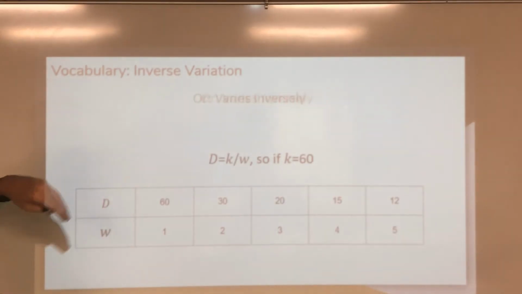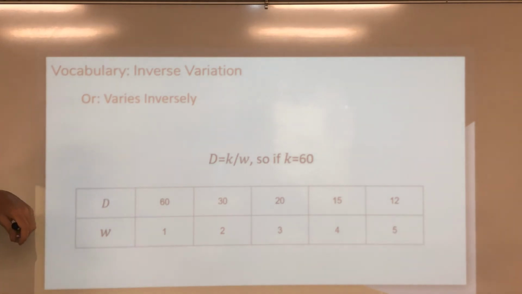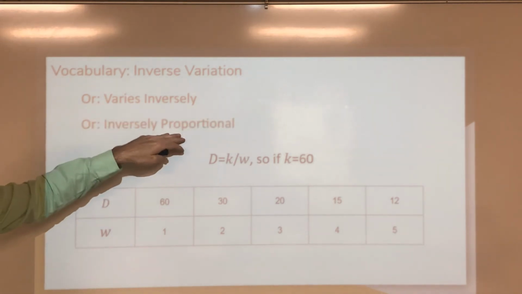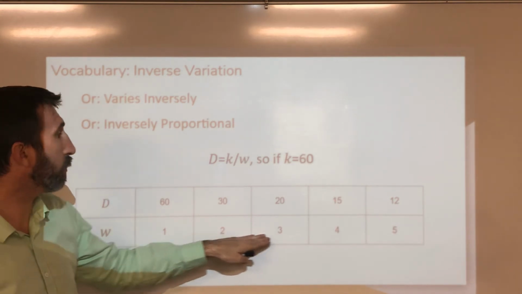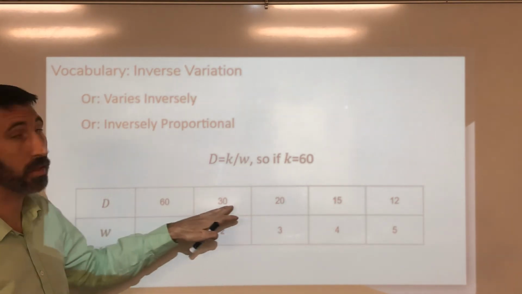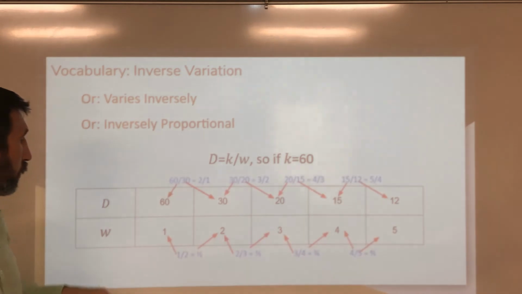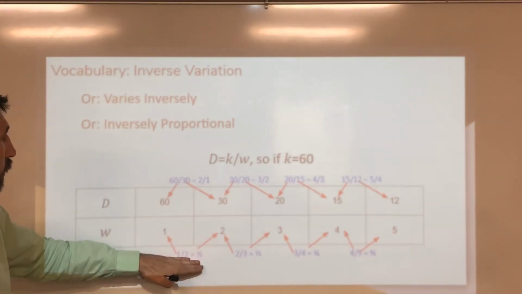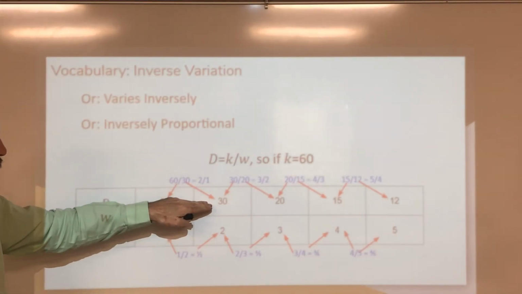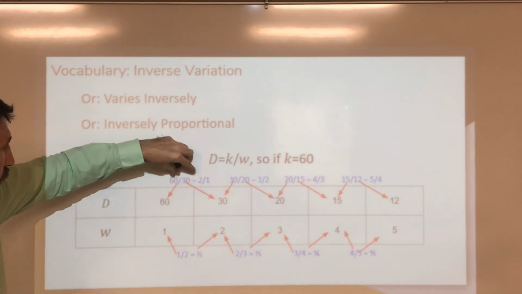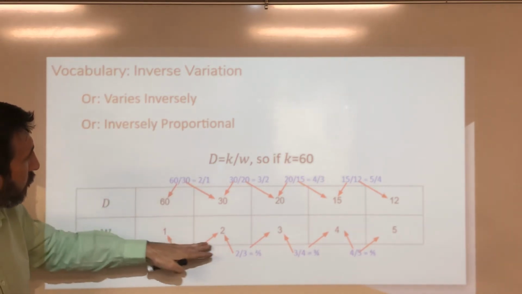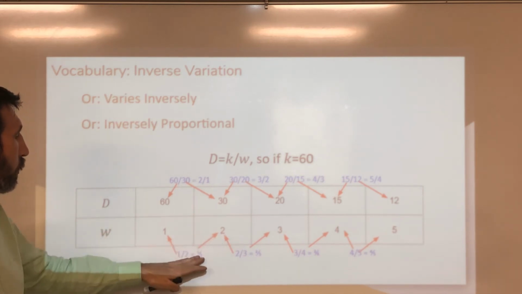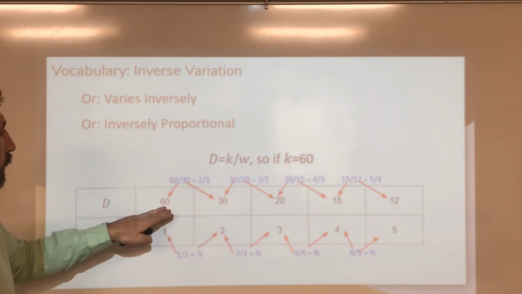Inverse variation, or varies inversely, or inversely proportional. You can see here, as our W gets bigger, these are getting smaller. So here, 1 to 2, it decreases by half, 60 to 30. 1 to 2 gets bigger, 2 to 1 is 1/2, 30 to 60 is 2.